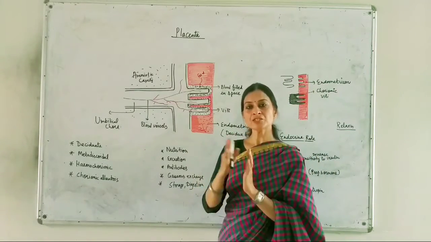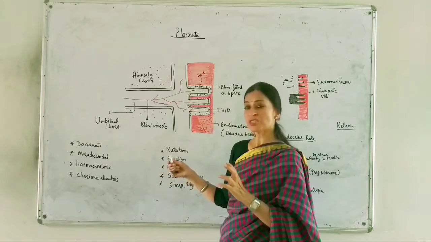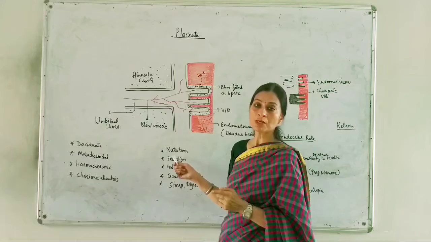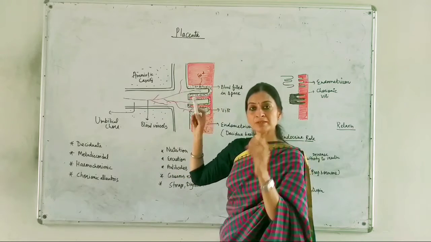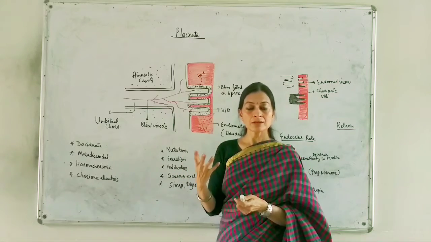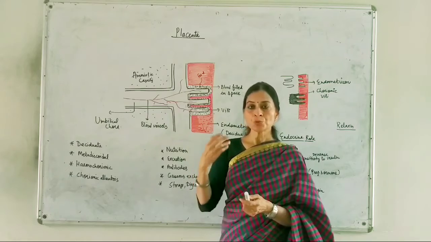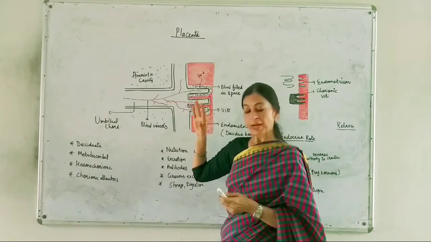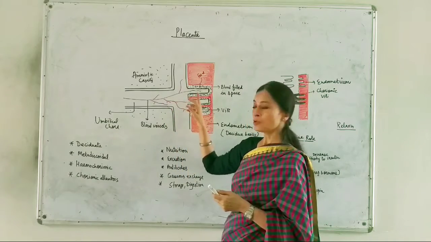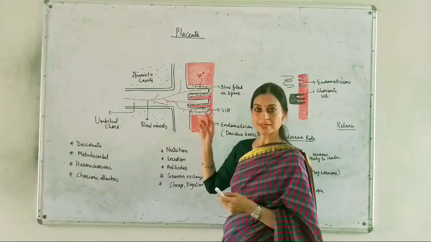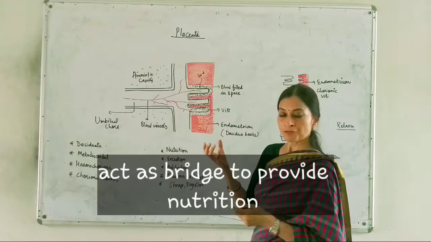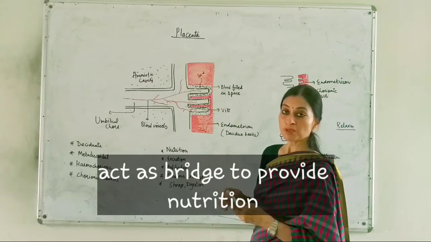One is exchange of different materials necessary for development, like providing nutrition to the developing fetus. Anything that the mother has in her diet is going to pass to the fetus also, and this passing takes place through this placenta. Placenta helps the fetus get nutrients from the mother's blood.